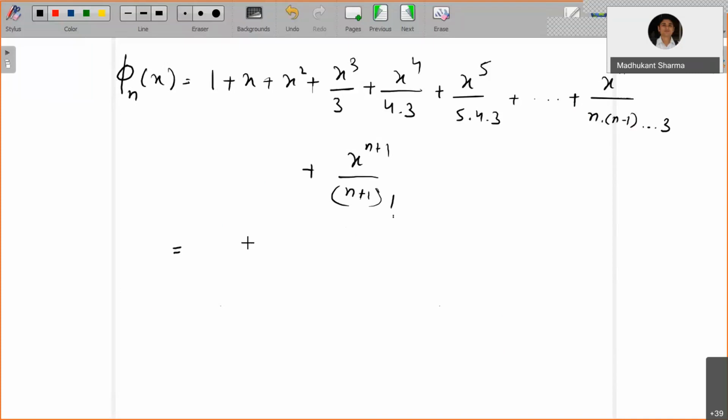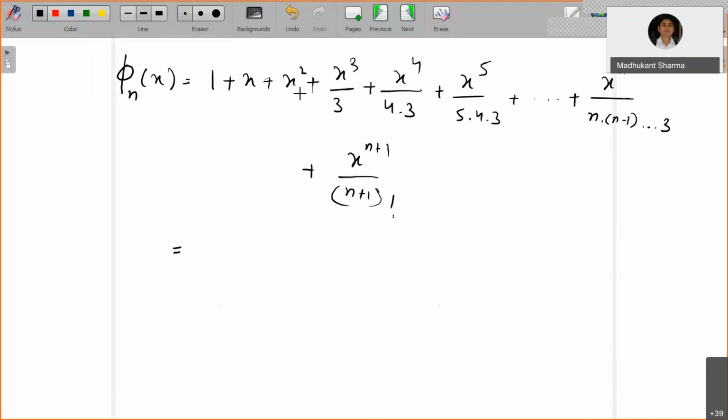Now if you want to see whether this is going to be convergent, where is it going to converge? First, let me write it. If I multiply the denominator by 2 in each case, they become 3 factorial, 4 factorial, 5 factorial, and so on, n factorial.